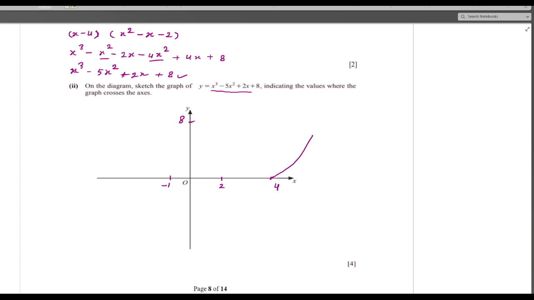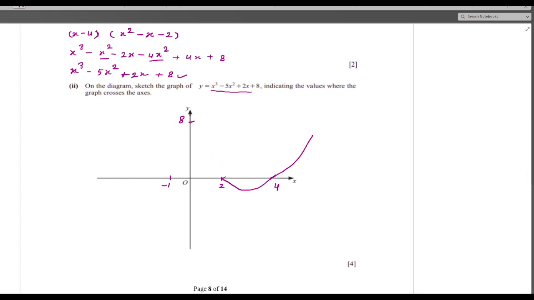So when you are crossing this 4 and you are here between 2 and 4, your answer is going to be negative. So your graph here will be on the downside and it will again touch this 2.